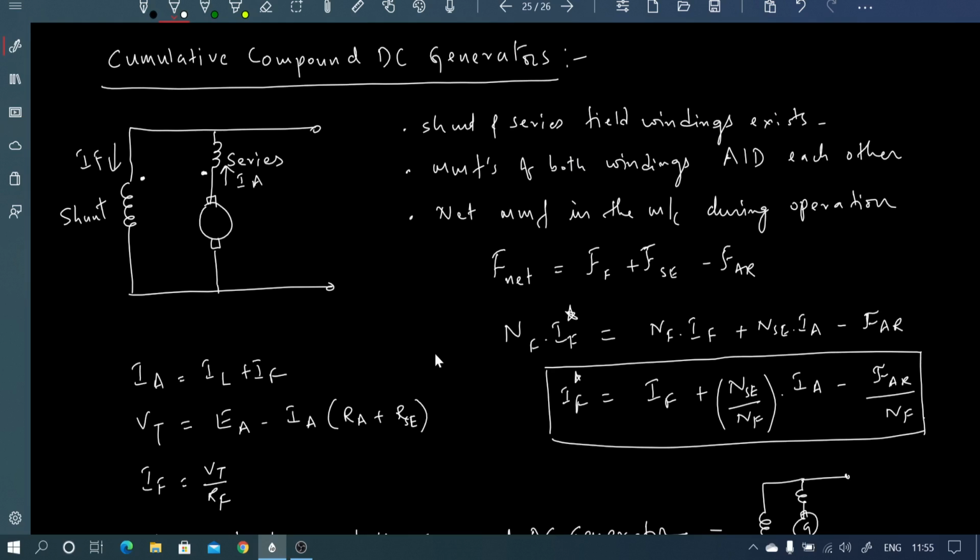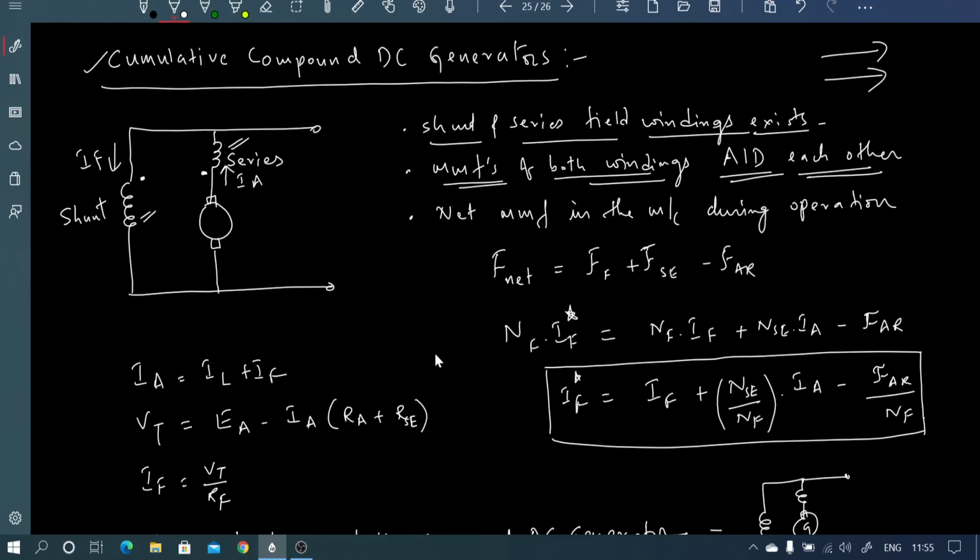Now let us talk about the cumulative compound DC generators. Here we have both shunt and series field windings in the machine. Shunt field and series field both exist in the machine, a compound machine. And the MMFs due to these two windings aid each other. That is what I have shown here, with the dot notation.